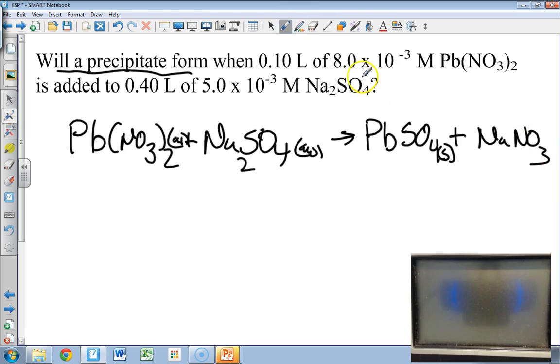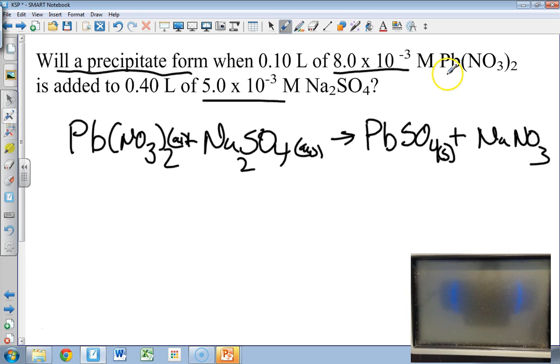But the idea is that these concentrations are so small, and we know that solids can actually dissolve a little bit, even though they're not fully soluble. We want to know how much is actually going to dissolve. Will a precipitate form? Now, this type of question leads us into that Flint, Michigan story, where how much lead is too much lead, or how much lead are we going to have in the water.